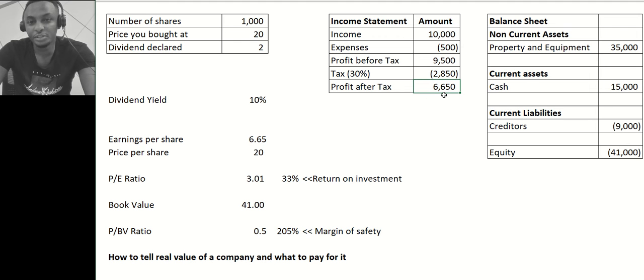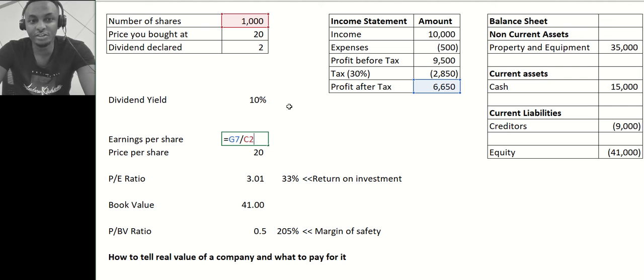This number is very important because it determines your earnings per share. Your earnings per share is what is left after you've paid the piper, the government in this case, to go to shareholders. In this case, it's 6.65, which is basically the profit that you made over the number of shares.